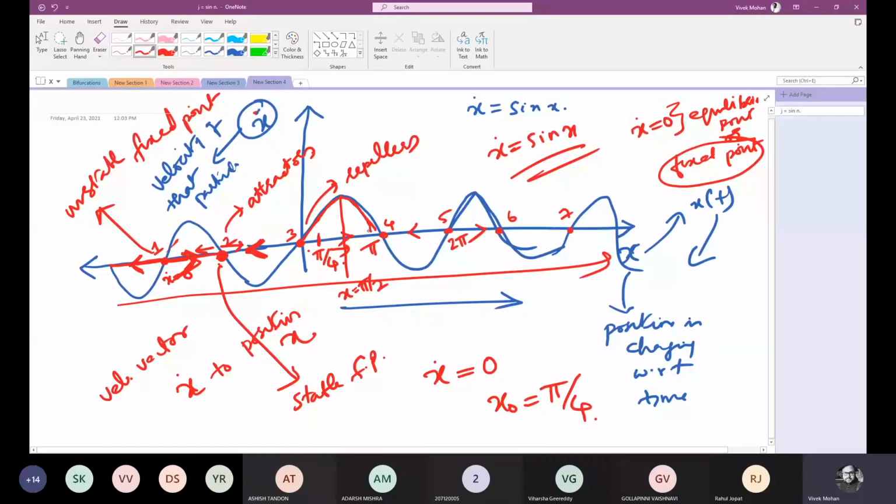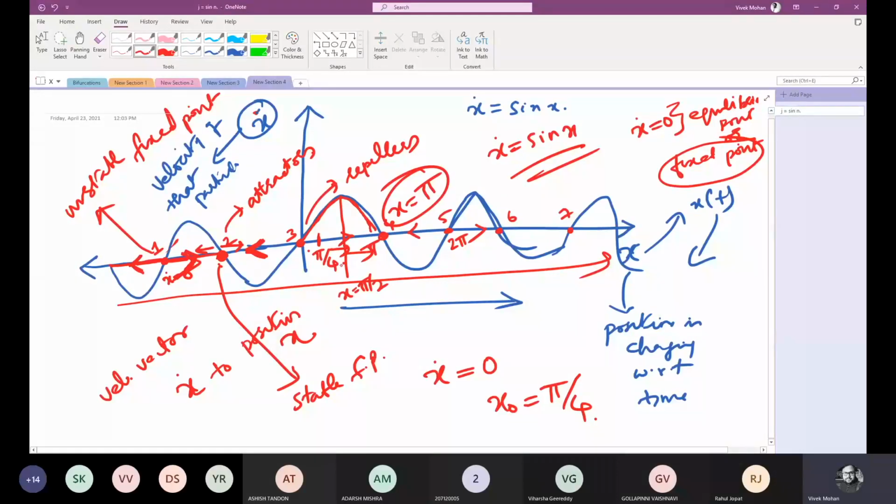Then the particle starts slowing down and eventually approaches the stable fixed point at x equals pi, from the left. Okay, so this is one qualitative form of solution.